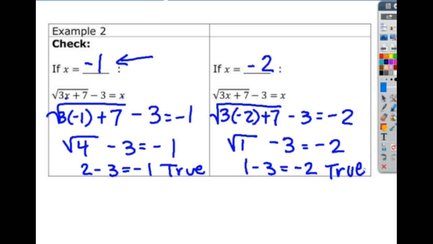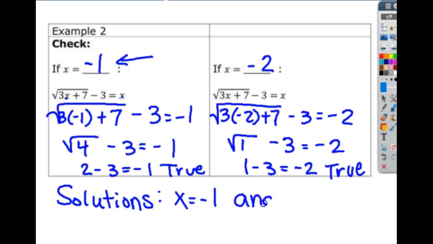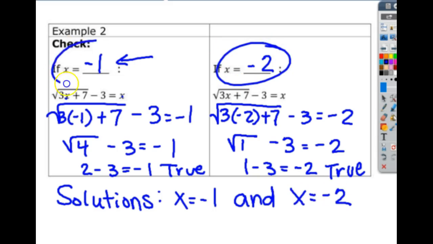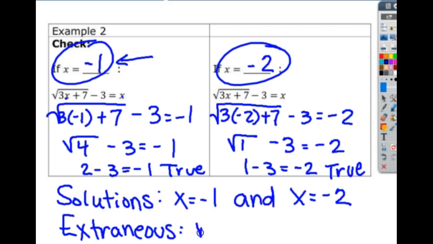So that means my solutions, solutions plural I should say, x equals -1 and x equals -2, these are my solutions because both of them were true. So do I have any extraneous? So on your paper where it says extraneous, if it doesn't have any extraneous, you are going to write the word none.